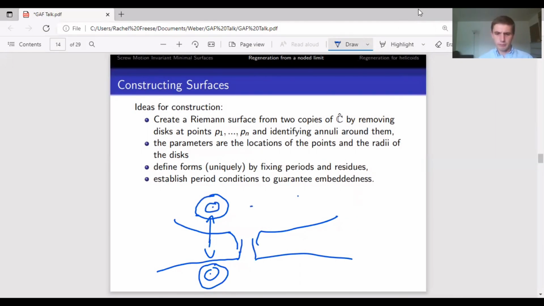So here we have an annulus, and here we have an annulus. See, we have disks removed. Hopefully you can see that if you identify these two annuli, you get something that looks a lot like a catenoidal neck, right? It just looks like that. All right, so that's basically how we create this surface that has the catenoidal necks.